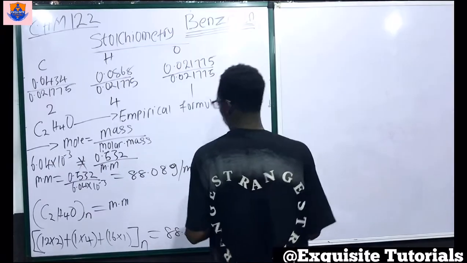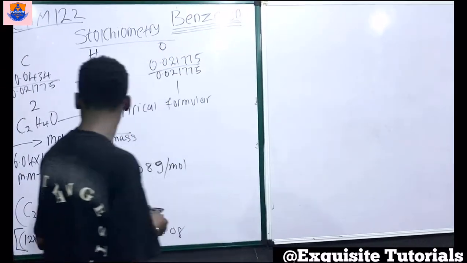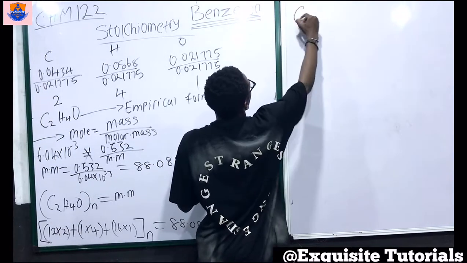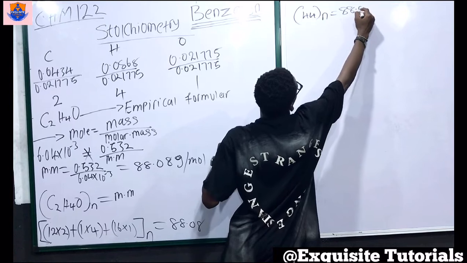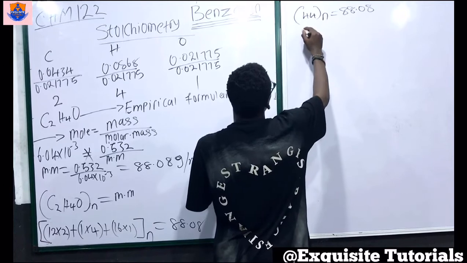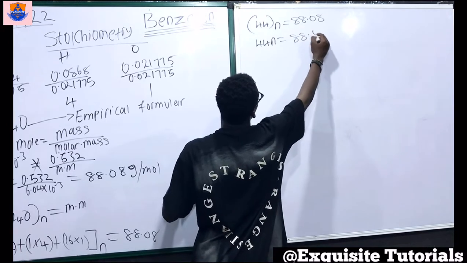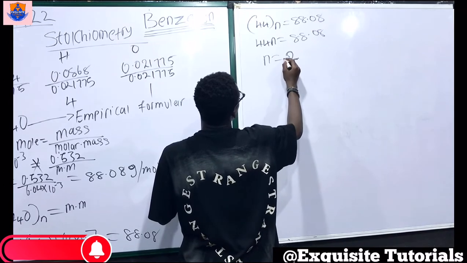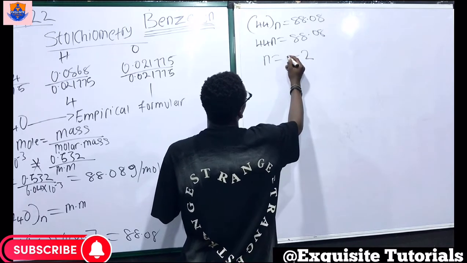From here we multiply and add everything. So we have 44, which is equal to 88.08. So now this n is multiplying it. 44 times n gives 44n equal to 88.08. Then n should be approximately 2.